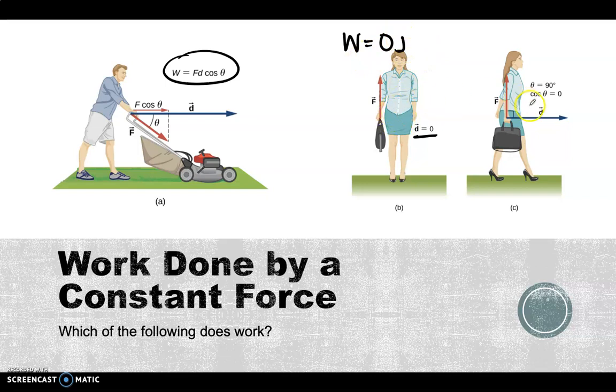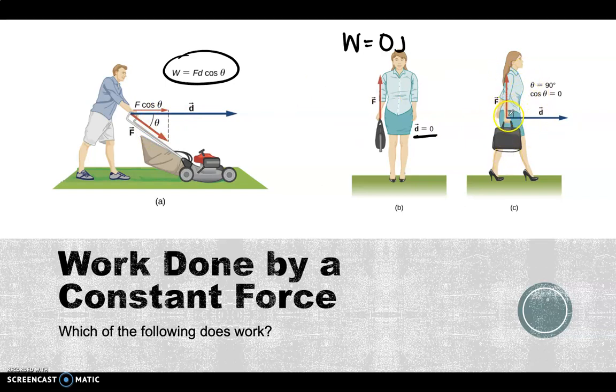All right, let's look at this last scenario. The same person, but now we're looking at, again, her force this way, but now we're looking at her from side view. And we do have some displacement here. So there's the displacement, and the angle here is not some arbitrary angle. It is 90 degrees.